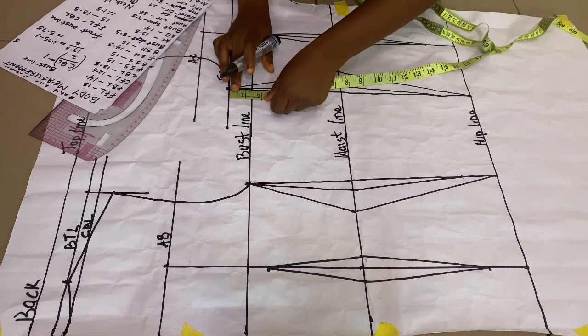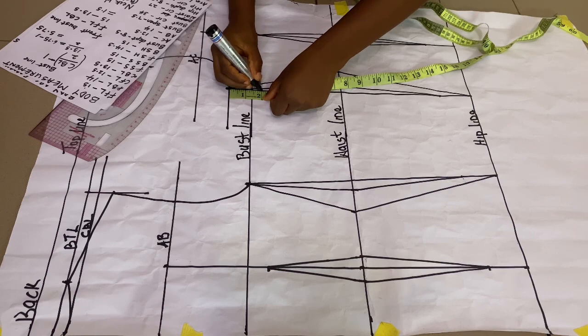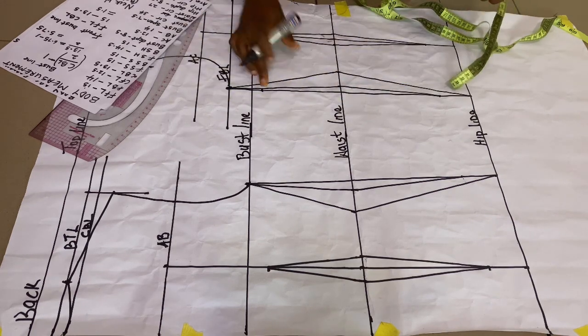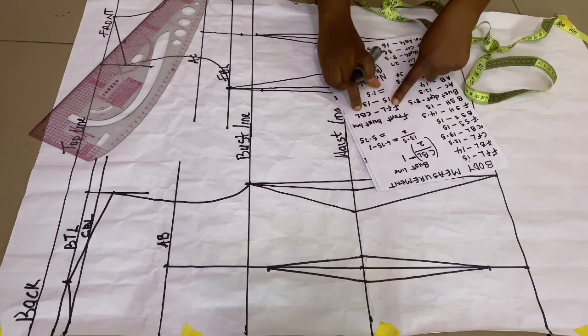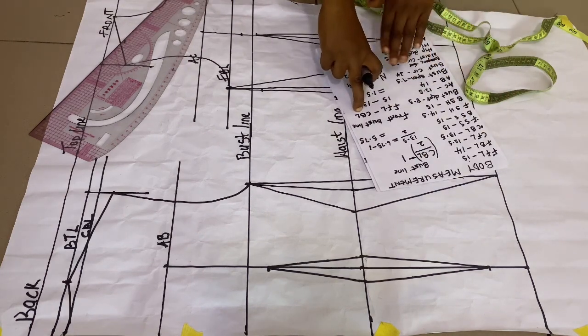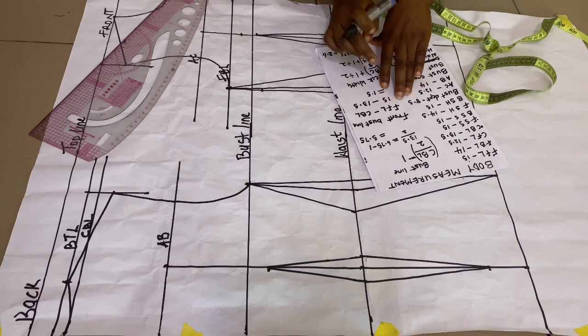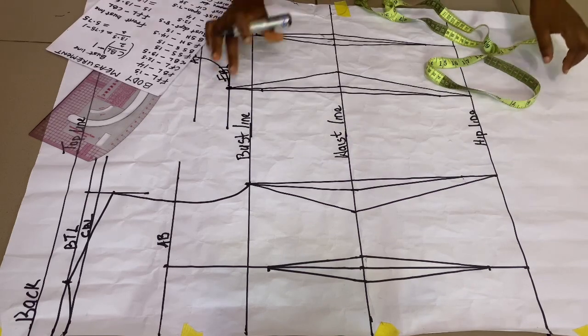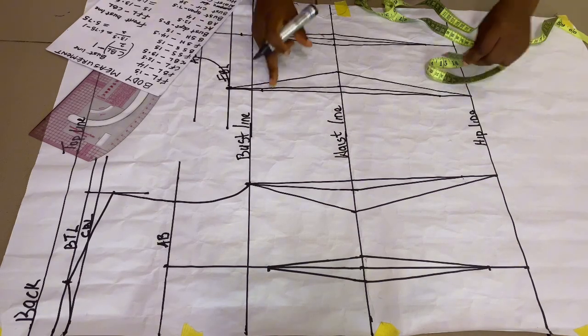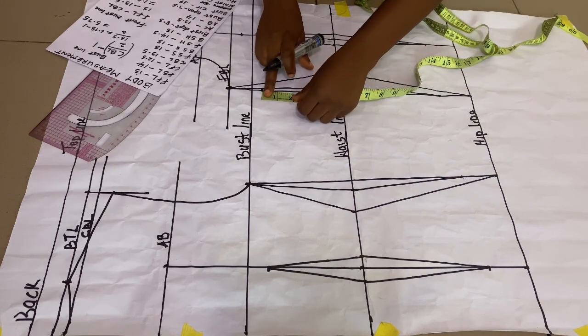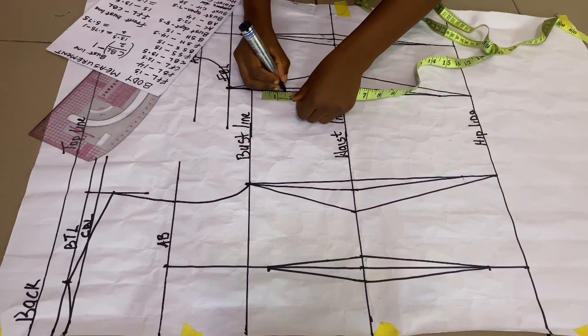You come down by 2 inches here, and after coming down by 2 inches, you come down by the difference between the full front length and the center back length. The difference between the full front length, which is 15, minus 13.5, is 1.5.